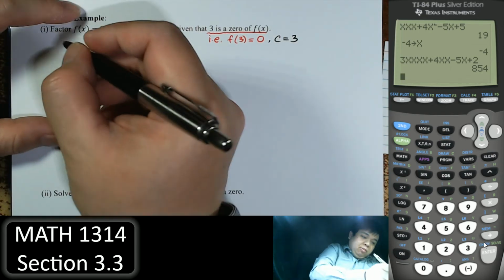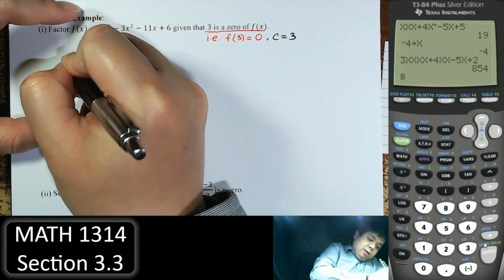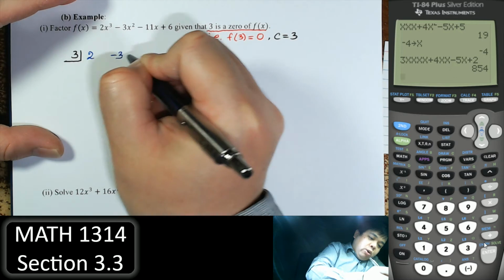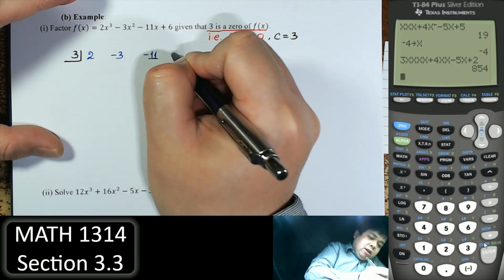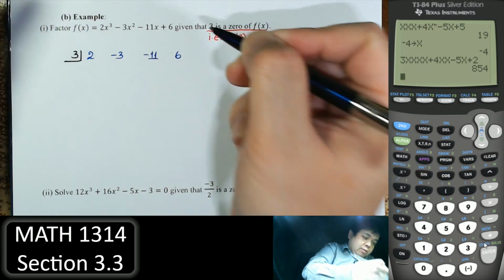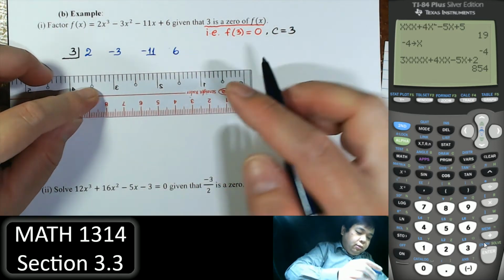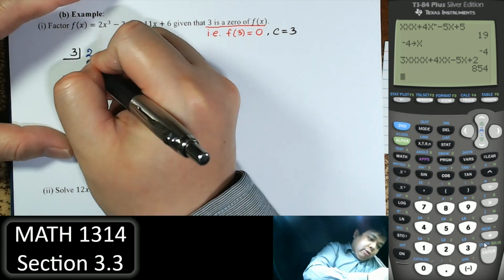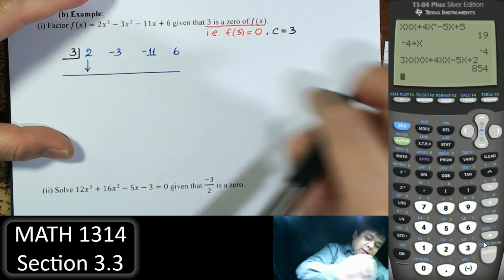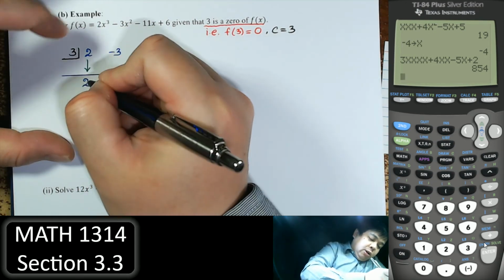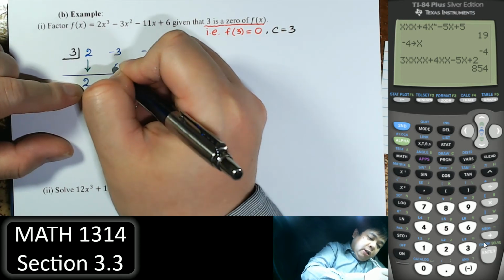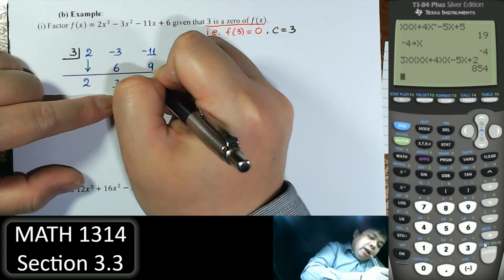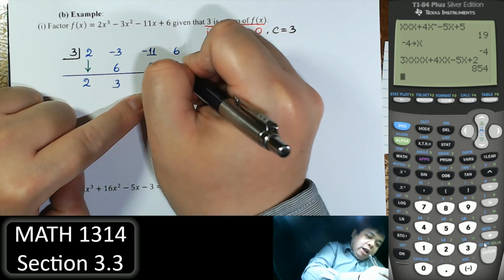So let's try that. We have 3, and 2x cubed minus 3x squared minus 11x plus 6. Write out the first number, multiply, put in the next column and add, multiply, put in the next column and then add, multiply, put in the next column and add.